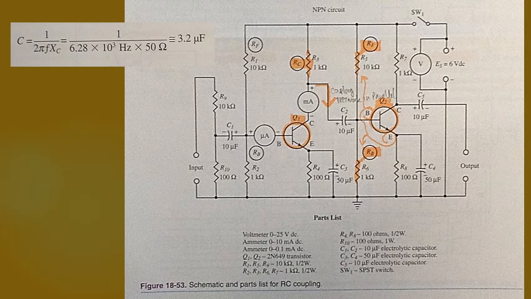At lower amplified frequencies, XC would be higher. A capacitor of 8 to 10 microfarads would be required to prevent loss of amplifier gain.